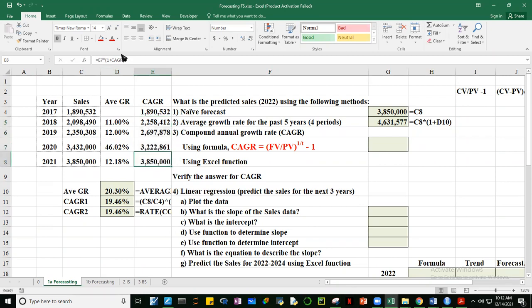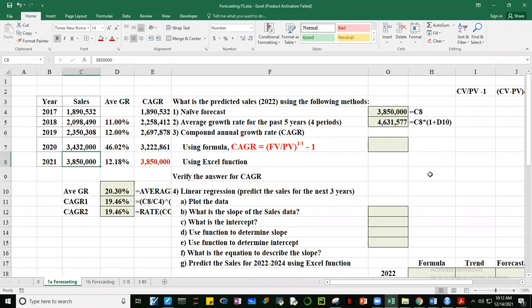Okay, there you go. What do you notice, guys, about our last value using the CAGR? We started with the first value, we let our amount grow by 19.46% by our CAGR, and then we end up in 3850, which is the same as the actual ending. So yan ang ibig sabihin, guys, ang CAGR.